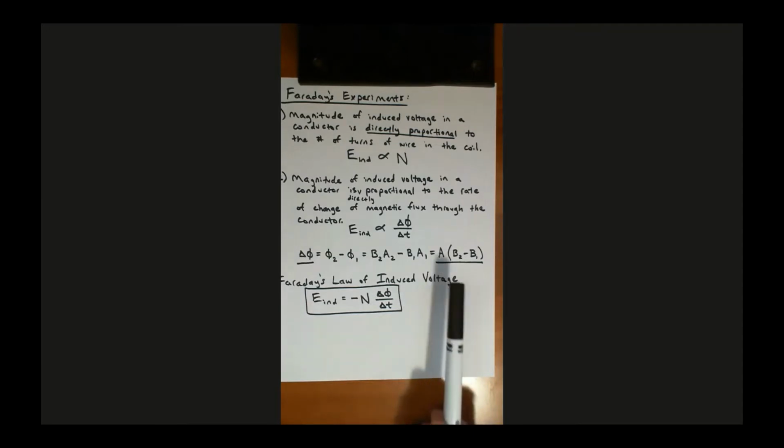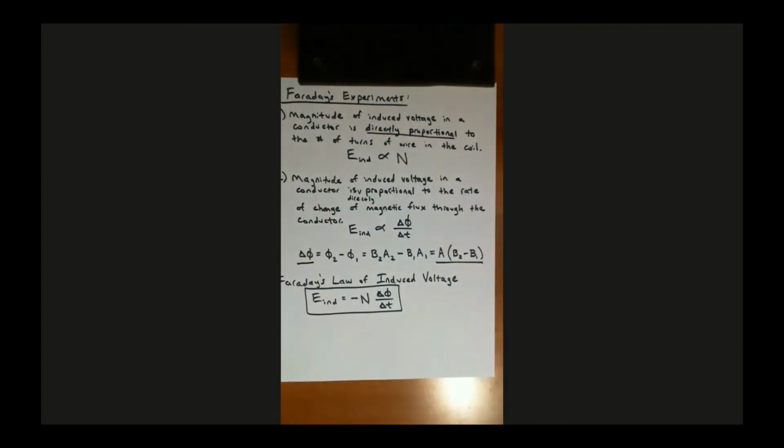That is by either increasing the area, so just using a physically larger coil of wire, which is going to result in a larger generator. Or, this is not so obvious, but if I increased the strength of the magnetic field in the generator, then I would also increase the difference B2 minus B1. So there's two ways of increasing delta phi: larger area of the coil or a stronger magnetic field inside our generator.